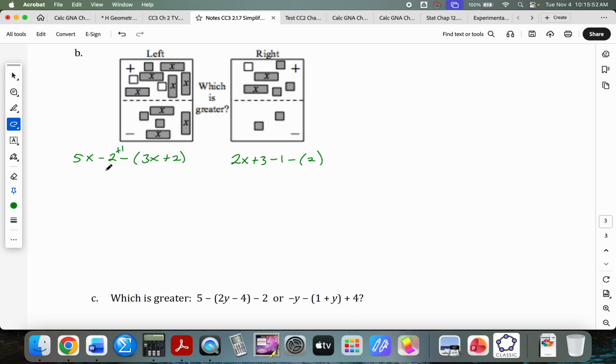So I can do a little bit of simplifying there. The negative 2 plus 1 is negative 1. And I can simplify this. 2x plus 3 minus 1 is 2x plus 2.